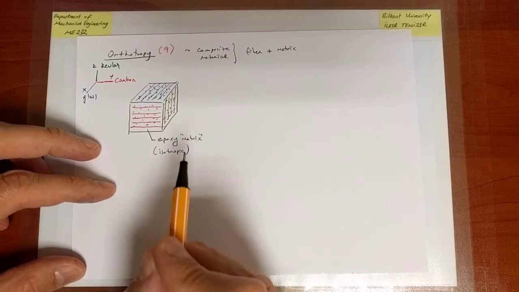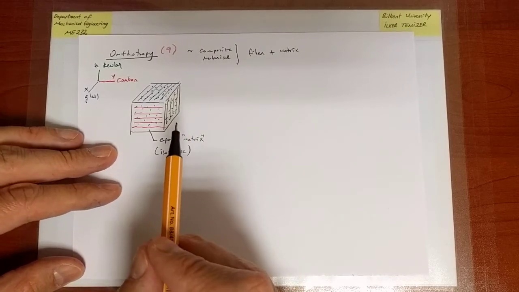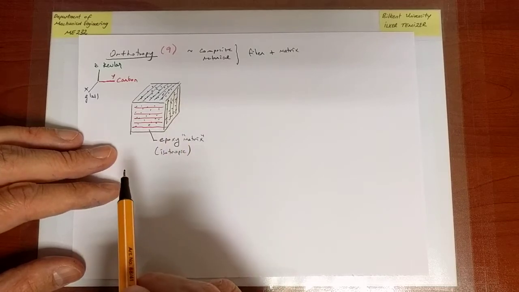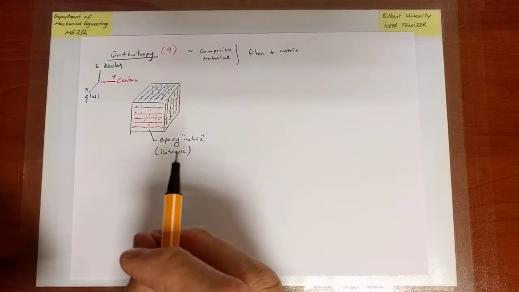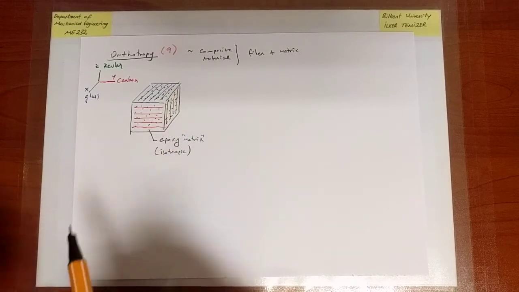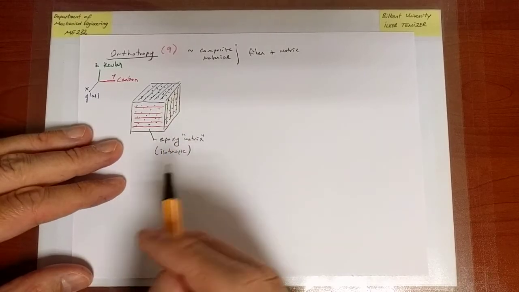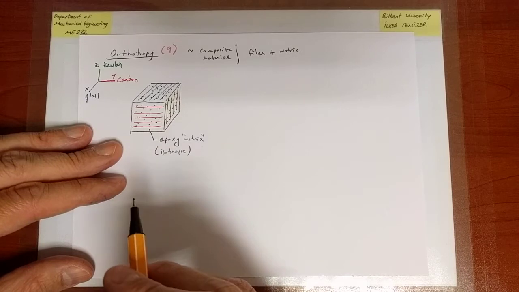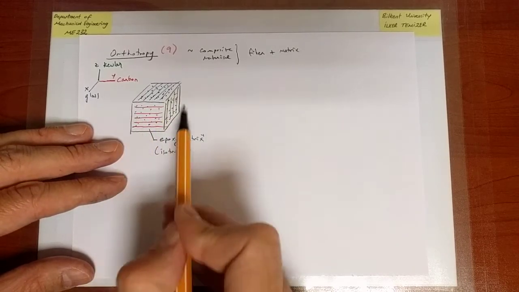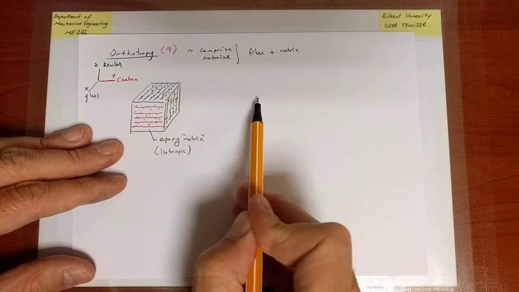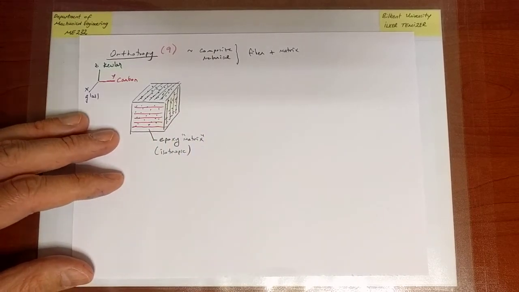In one of the homework problems I have also assigned, such a small analysis is required to give you an idea of how to predict the outcome of a combination of two materials in terms of Young's moduli and in fact Poisson ratio. So presently we're just qualitatively concerned with this combination and the type of elastic behavior that it displays.